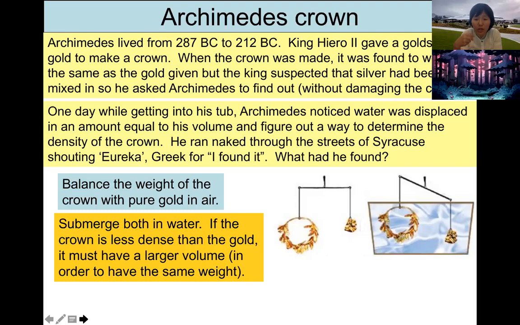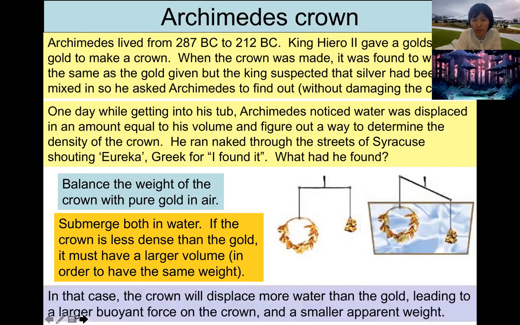Then overall, the crown has a lower density, which means with the same amount of mass, it must have a larger volume than it would have been if it were pure gold. So if it displaces more volume, then the crown will feel a bigger buoyant force upward, giving more of a lift to the left-hand side, so that the scale will no longer be level.